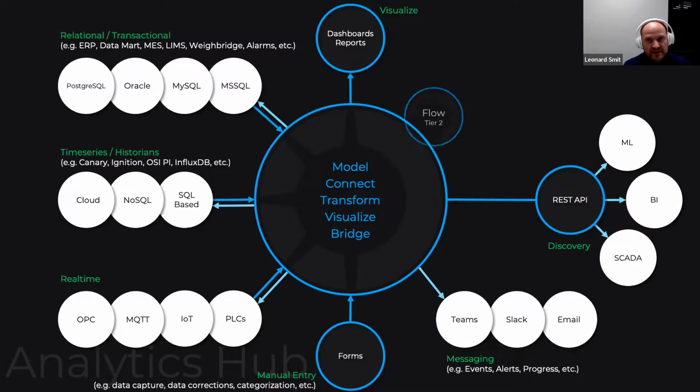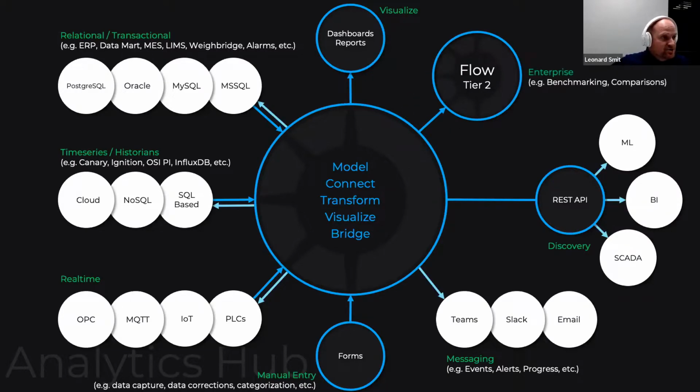And then obviously, when we start looking at enterprise solutions where we need to get data consolidated at one level, if we want to start doing benchmark comparisons between sites, then we do have the capability to do roll-ups to an enterprise instance of Flow, and we use our tiering mechanism to do that. And this is why we say it's an all-encompassing analytics hub, or the foundation for proper analytics.